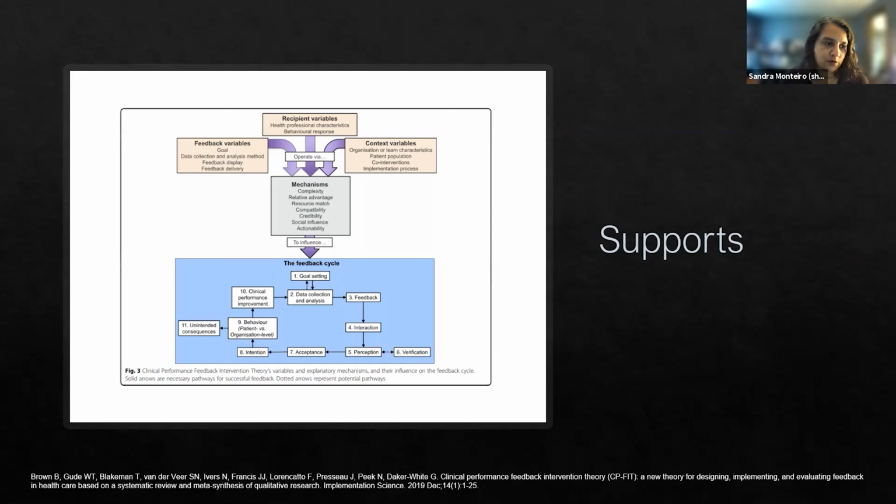There's a lot of steps here, so it's really not as simple as just starting to hand out report cards. You really need to work with your local setting, with your colleagues, and create a feedback cycle loop that everyone feels like they own.